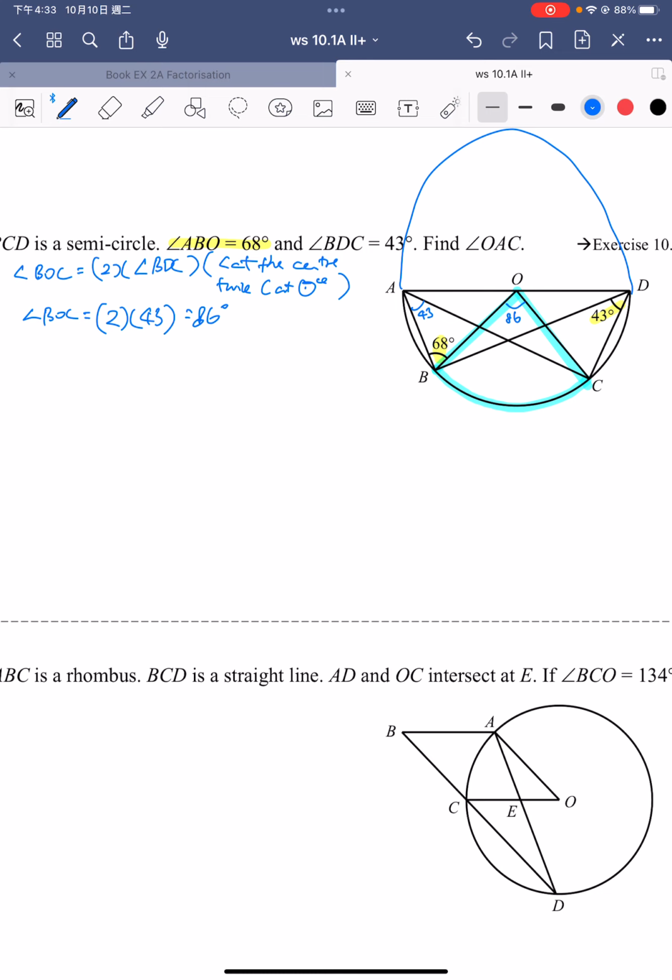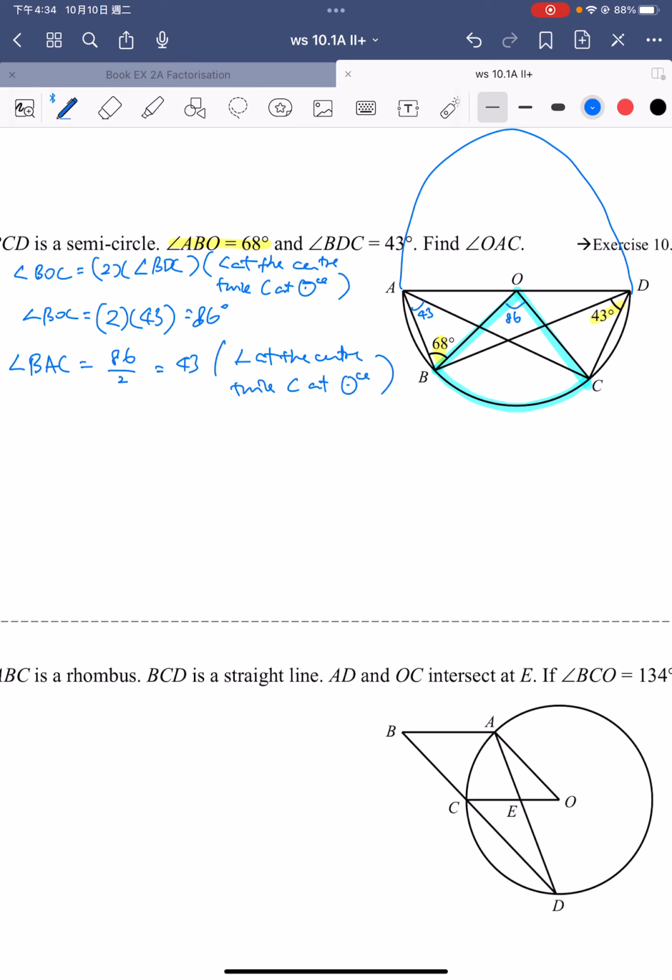So now we write down something again. We have the angle BAC is going to be equal to 86 divided by 2, give you 43 as well. Again, this is the use of the angle at the center, which is twice the angle at the circumference. So now we got these 3 ideas.